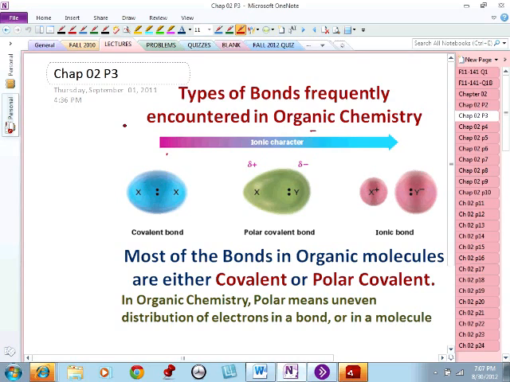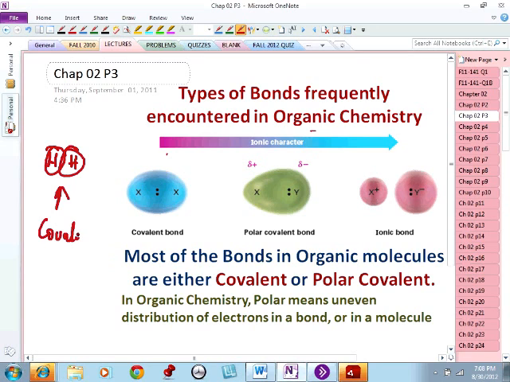Because in nature, it is very difficult to actually have an absolute covalent bond. Because covalent bonding means what? What does covalent bond mean? Sharing of electrons. In nature, it's very difficult to have two atoms that are different share electrons equally. However, if you have two hydrogen atoms, one will expect a complete sharing of electrons.